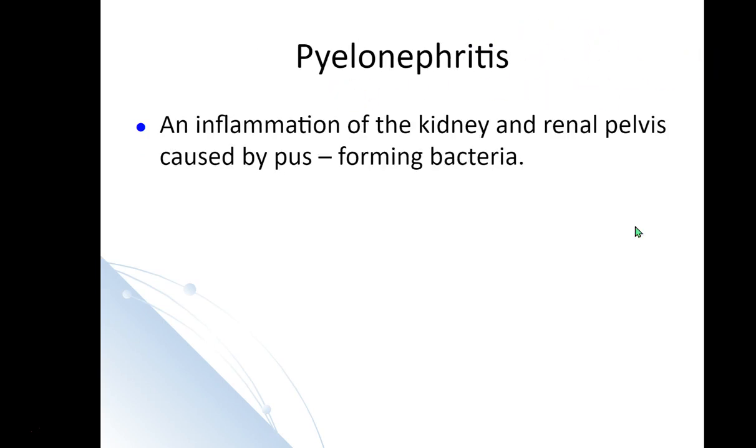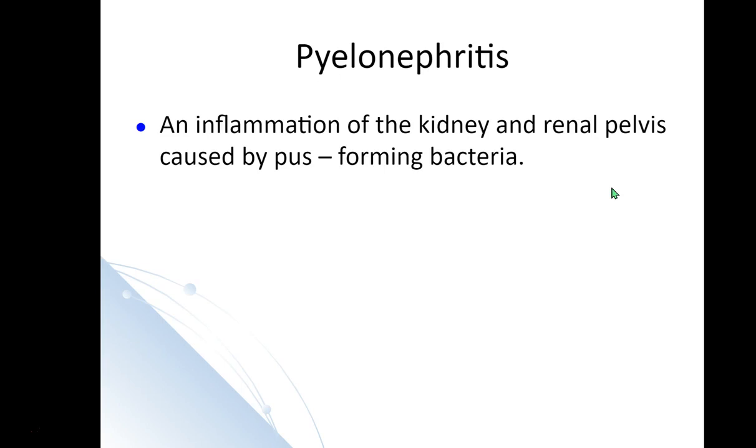Okay, pyelonephritis. Pyelonephritis is an inflammation of the kidney and renal pelvis caused by a pus-forming bacteria. So, pyelo referring to renal pelvis, just so you know. Okay, so the inflammation process during pyelonephritis affects the tissue between the tubules.